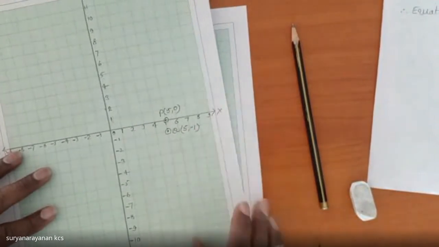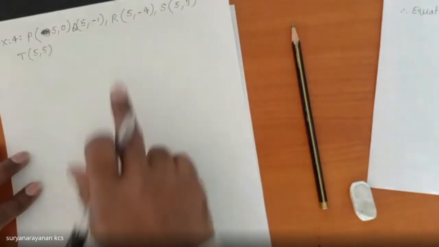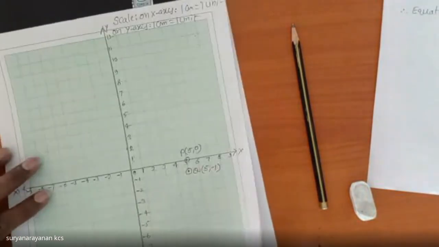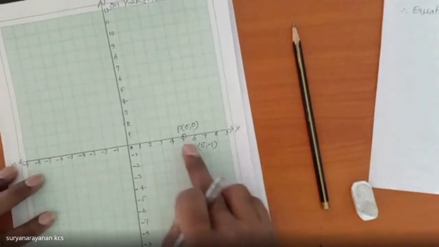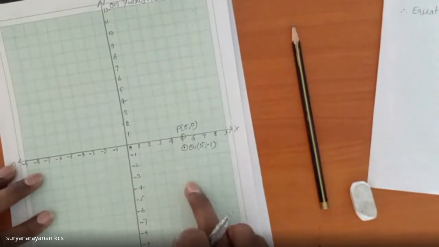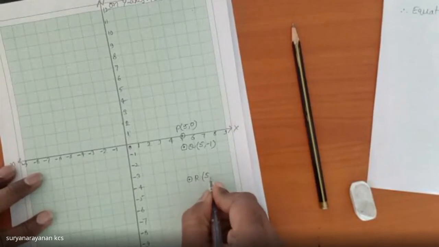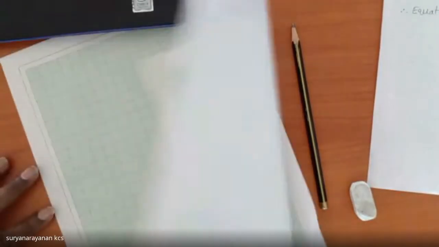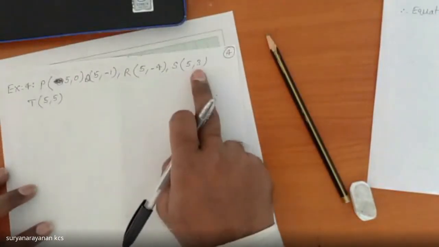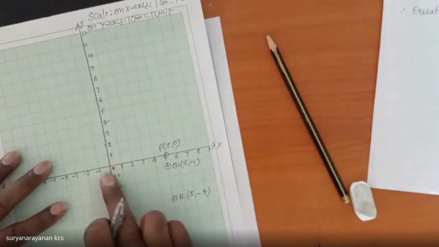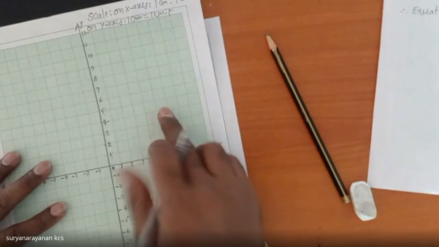Next point R, ordered pair (5, -4). So (5, -4) here. This is point R. Next, ordered pair (5, 3). On x-axis 5, on y-axis 3 units like this.